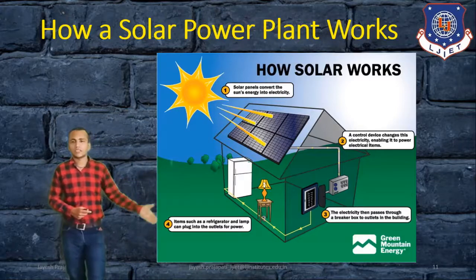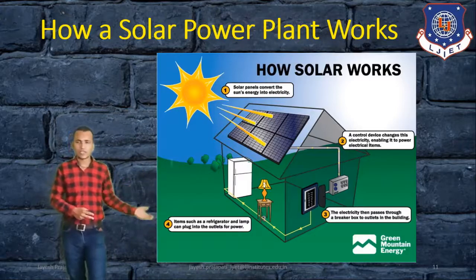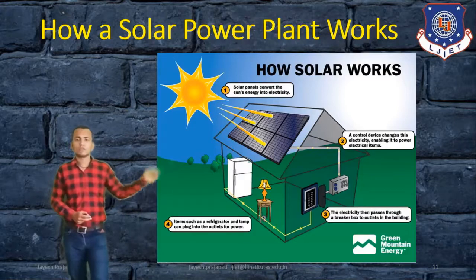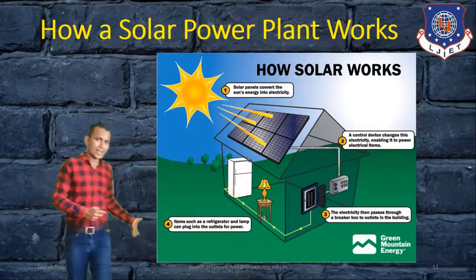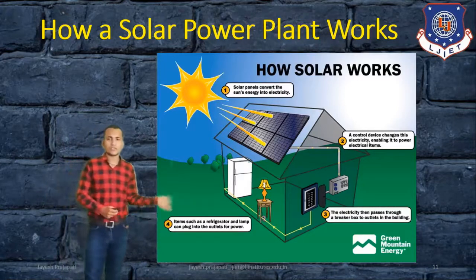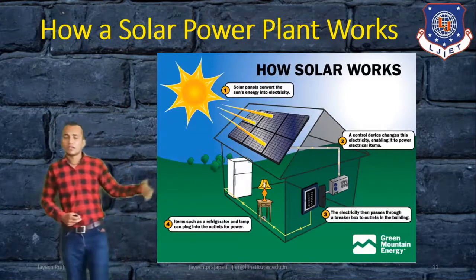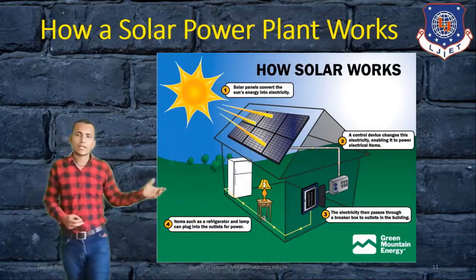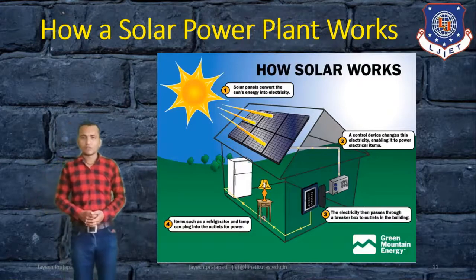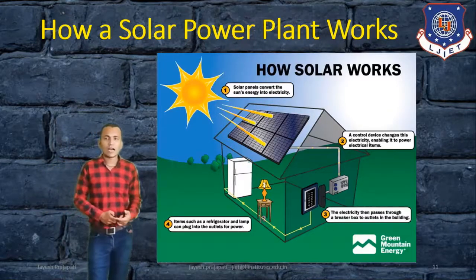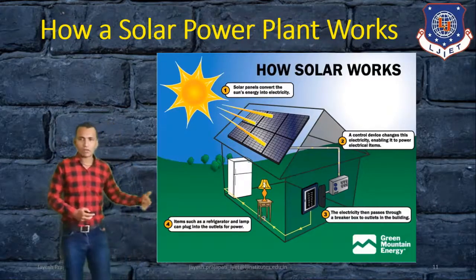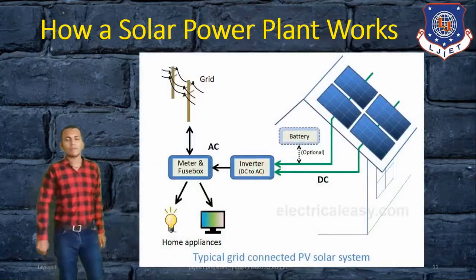Then we convert this DC into AC using an inverter, and it goes to our home and the home appliances, like refrigerators, TVs, and other different applications that can work on this solar system. So that is basically how it works, and now we can also discuss how it works further.